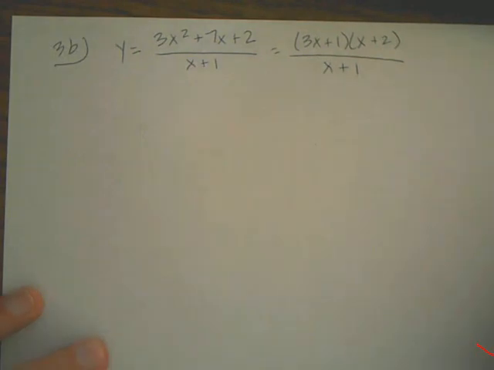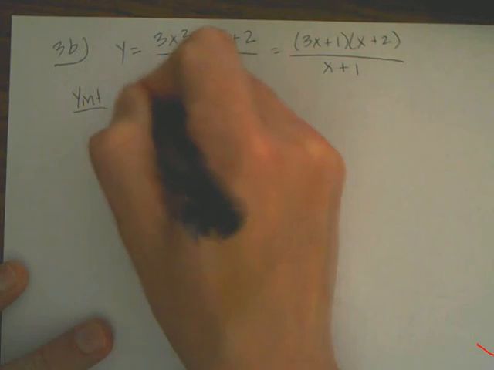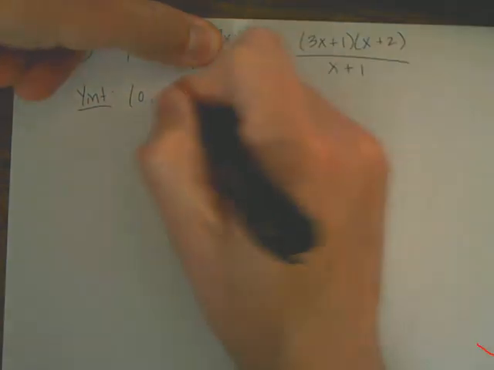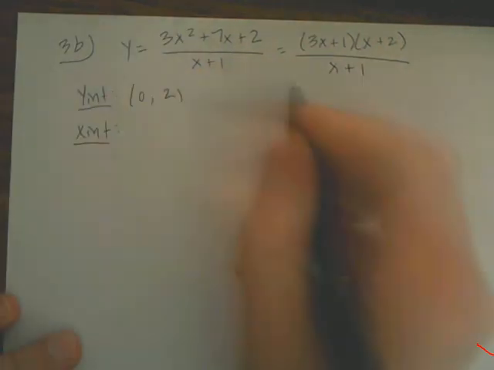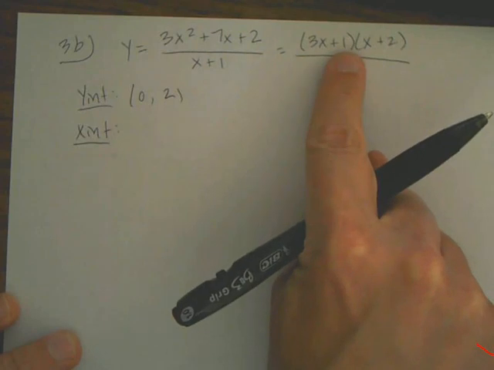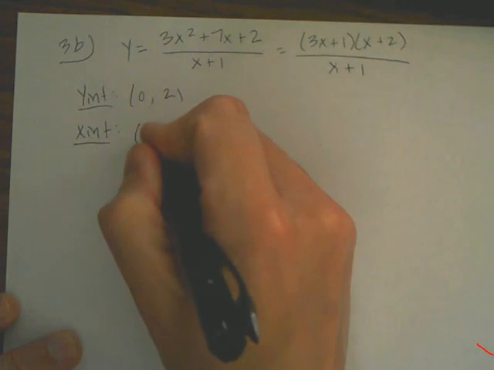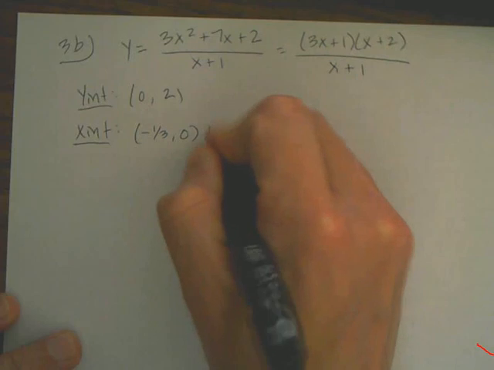Okay, y-intercept we should be good at by now. You plug in 0 for x and simplify. 2 over 1 is 2. X-intercept, set the numerator equal to 0. So setting these two factors equal to 0 is going to leave me with negative 1/3 and negative 2.